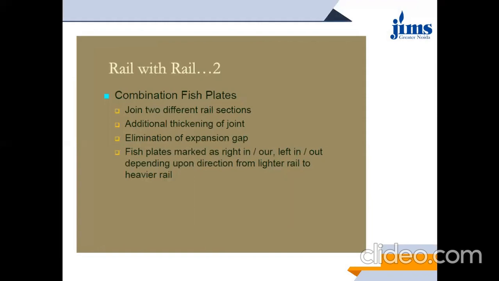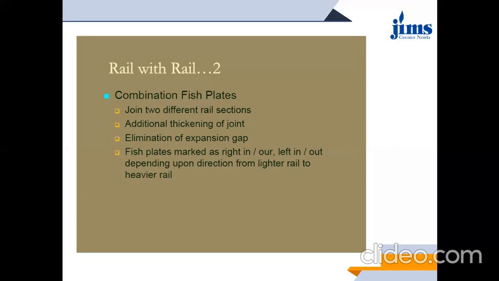Okay, so these fish plates are used in combination, that is, two different rail sections are joined together using these fish plates. The advantage of using the fish plate is also the elimination of the expansion gap. Then these fish plates are marked as right in oblique or left in oblique out, depending upon the direction from lighter rail to heavier rail.